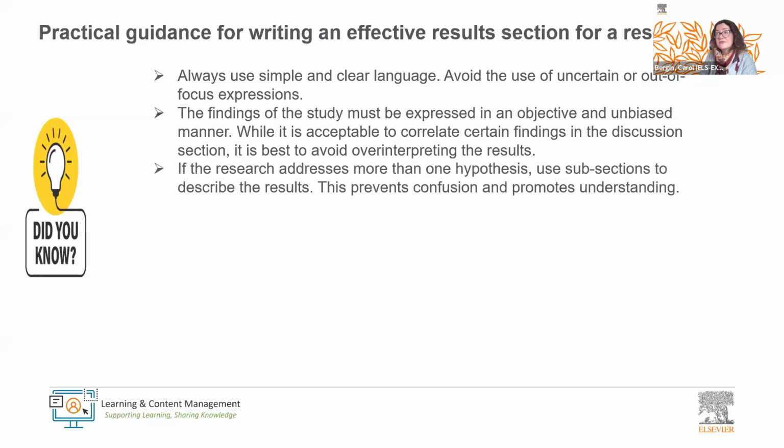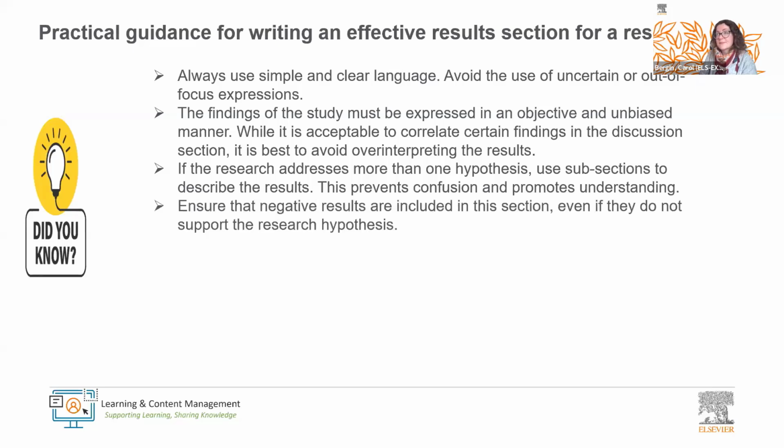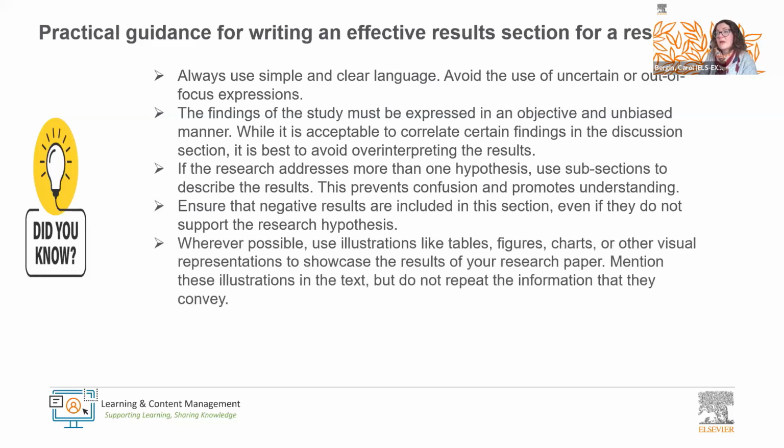If the research addresses more than one hypothesis, then use subsections to describe the results. This prevents confusion and promotes understanding. It's important to ensure that negative results are included in this section, even if they do not support the research hypotheses. Wherever possible, use illustrations, so things like figures, tables, charts, or other visual representations to showcase the results of your research paper.